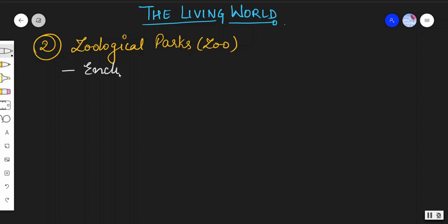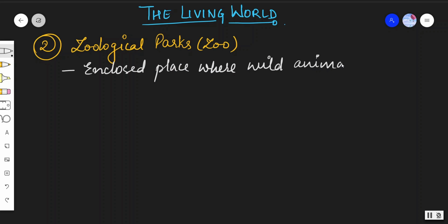It is an enclosed place where wild animals are placed. They are kept in captivity. The authority tries to give them as natural a habitat and conditions as possible for their survival.